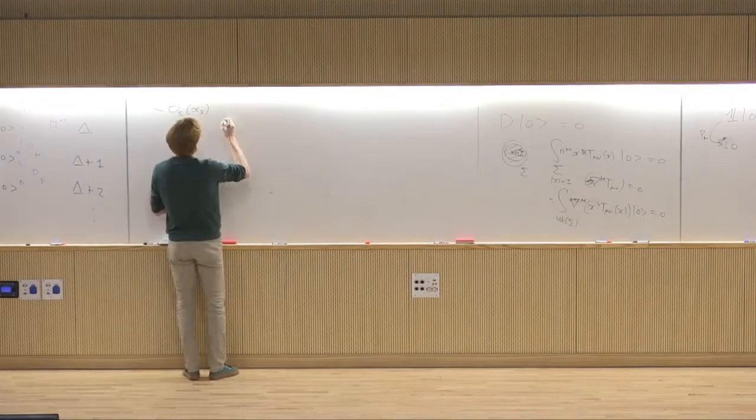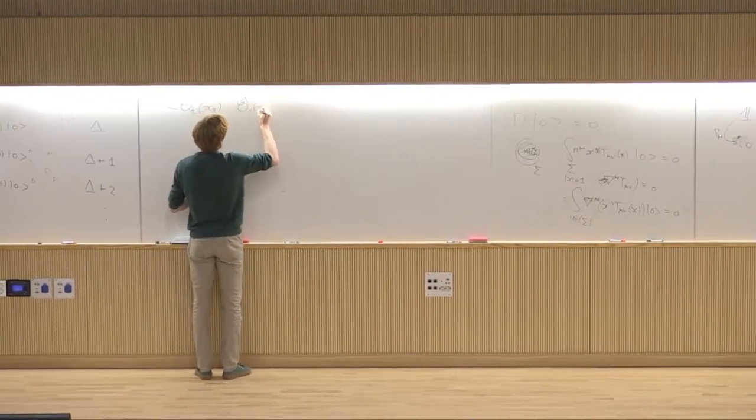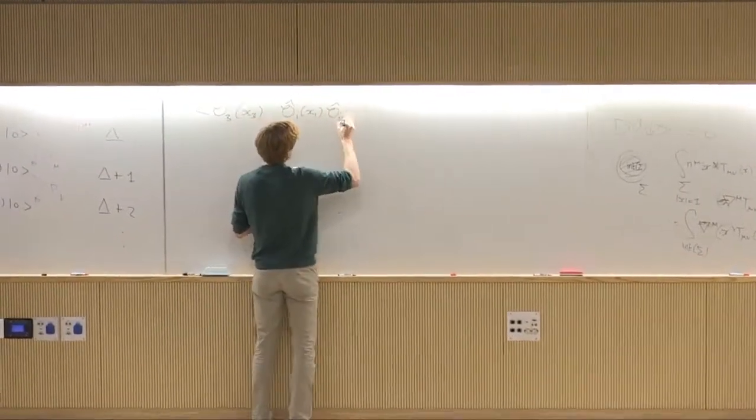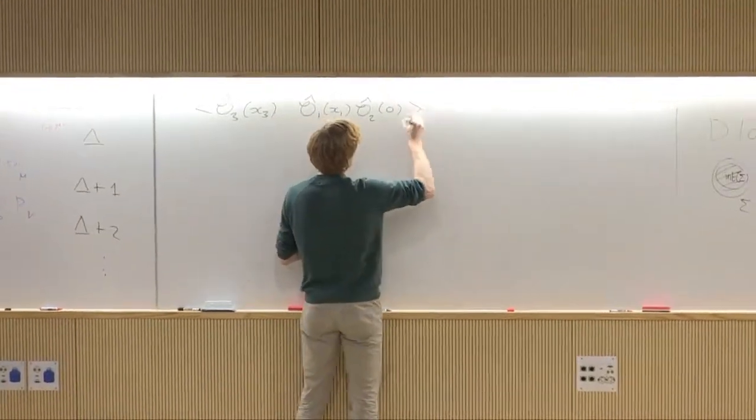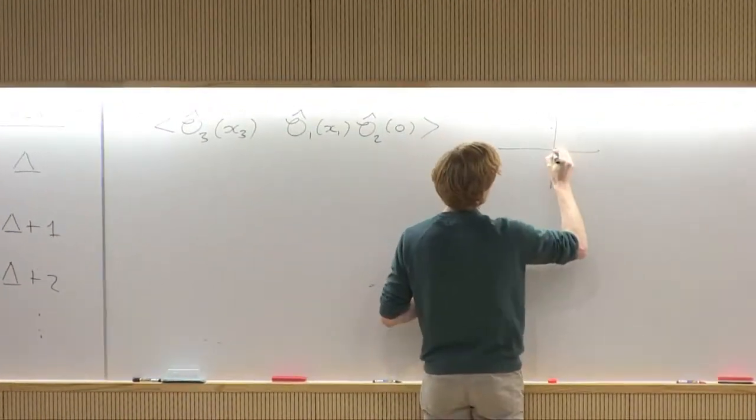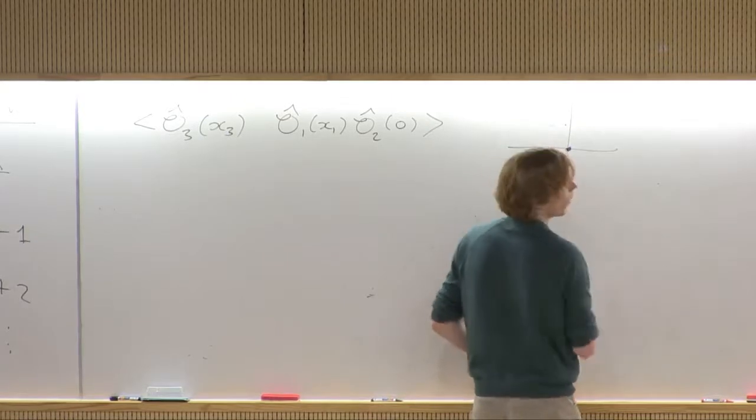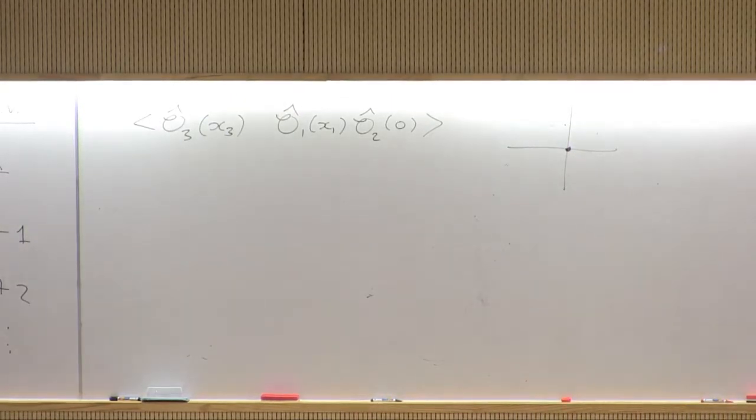Let's consider the state O1 of x1, O2 of 0. So we have our state again. I already drew the picture like this. And we're just going to take the expectation value of O3, which we add at some point x3.